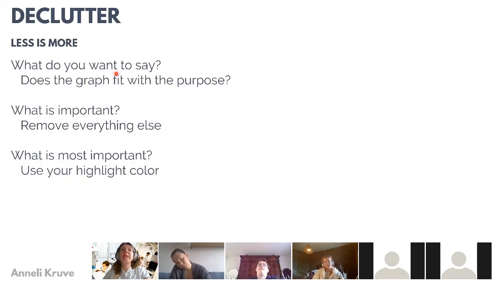Does this graph fit this purpose? Is there anything that is not important? If there is, remove it or change the color to something more neutral if you really want to have it in the background for whatever reason. Try to use the color to make it less visible, and use a highlighter color to show what is important on your graph.